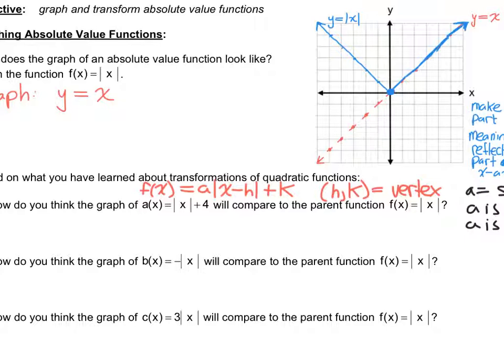But really, when you think about it, you don't really need me for too much, at least not yet. Because in A, it says, how do you think a graph will compare to the parent function? All right, well, what is the plus 4 going to do? Shift up 4 units. All right, what about B?